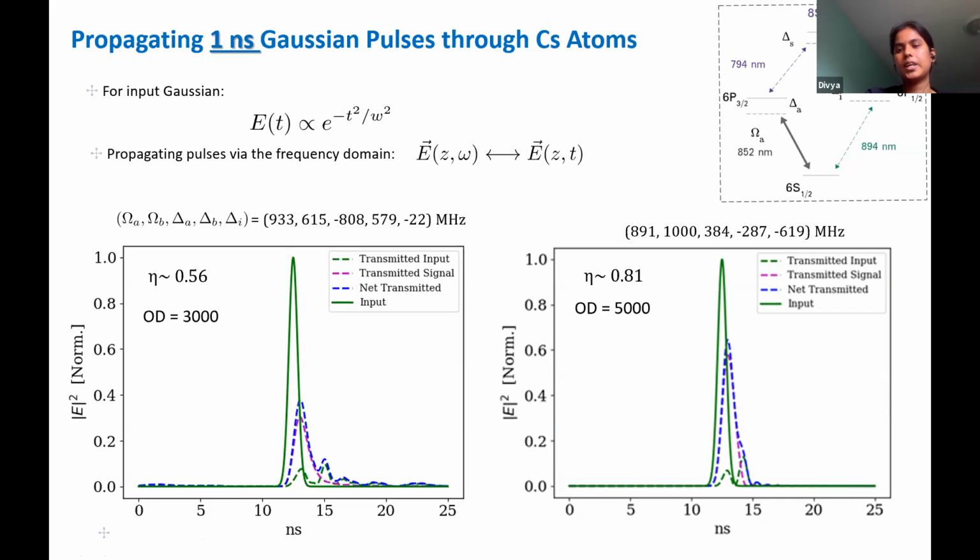If we go for 10,000 optical depth, we are again able to approach 1, and the range is still within gigahertz, not more than that. So these values are achievable in real life too; it's not hard to achieve.